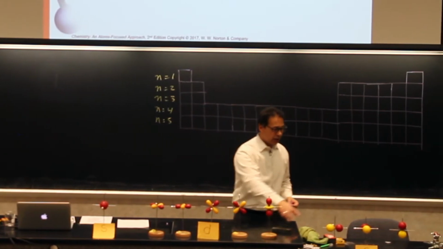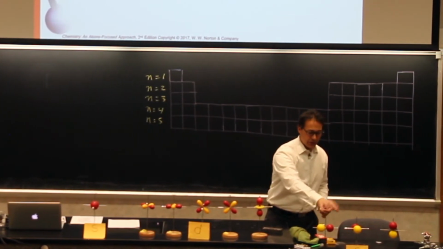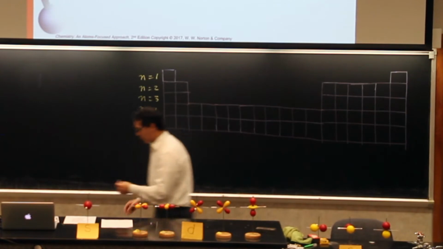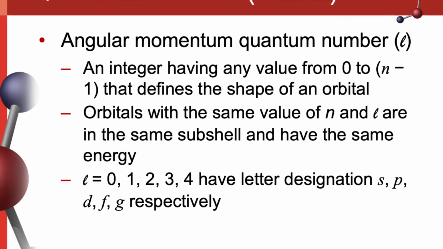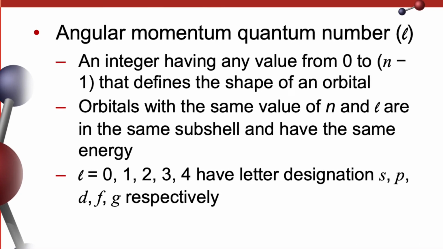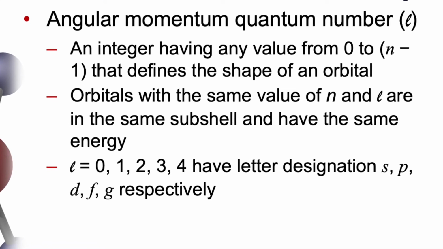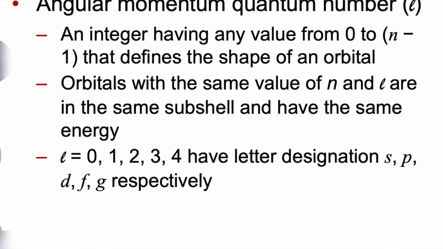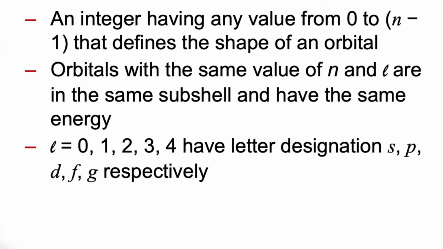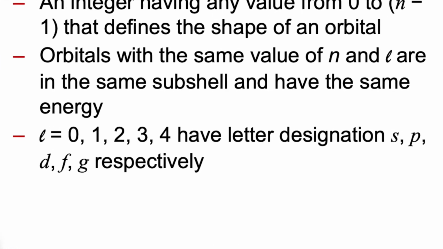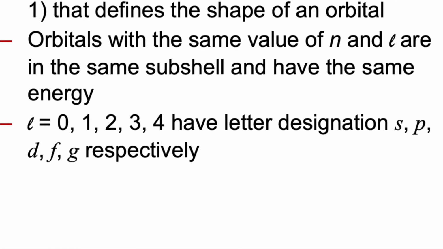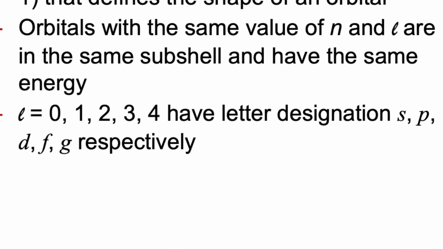That's weird. And here's kind of like dumbbell shapes here. Okay, so different shapes of these orbitals. Now, if L is equal to 0, then the shape of our orbital is going to be an s orbital.